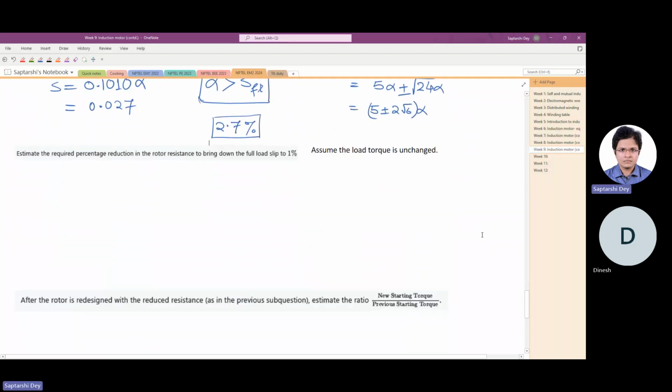And the next question is, estimate the required percentage reduction in rotor resistance to bring down the full load slip to 1%. Basically there is an assumption that at the very beginning itself there was some resistance connected, because there is no way that you can reduce the resistance of the rotor circuit. Or is it possible to reduce the rotor resistance?